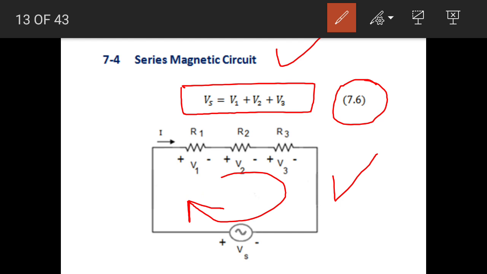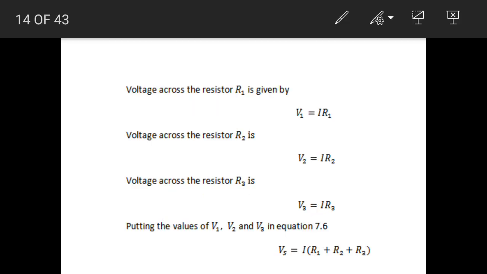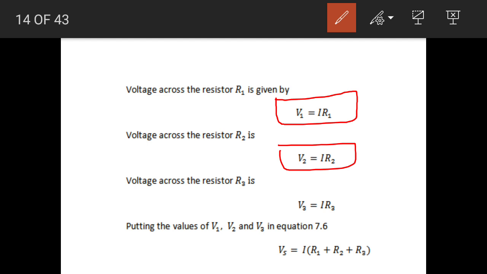We know that V1 will be equal to IR1, V2 will be equal to IR2, and V3 will be equal to IR3.